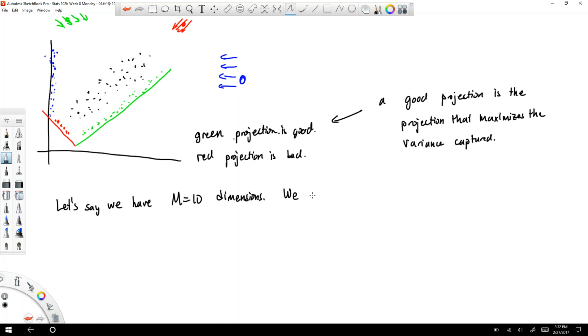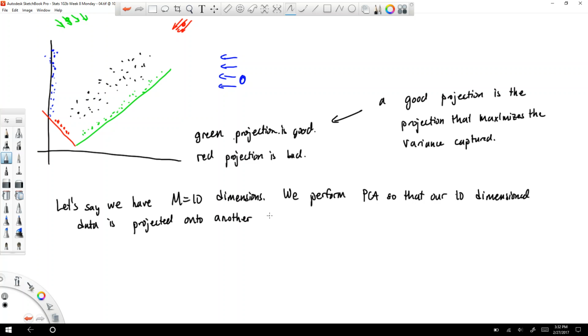Okay, so we perform PCA so that our 10-dimensional data is projected onto another set of 10 dimensions.